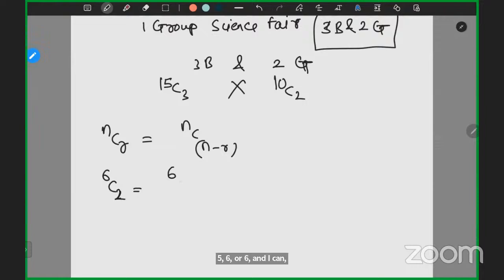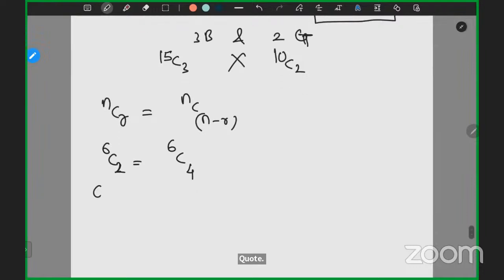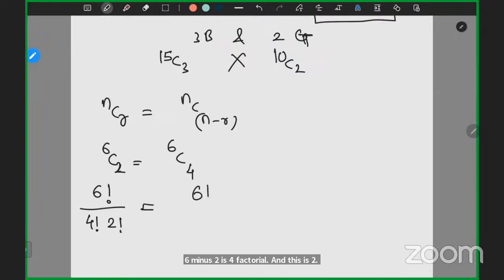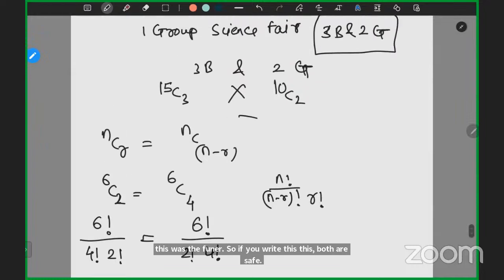What I'm saying is 6C2 and 6C4 are equal. For 6C2: 6 factorial over 4 factorial and 2 factorial. For 6C4: 6 factorial over 2 factorial and 4 factorial. If you remember the formula with n minus r and r factorial, both are the same.